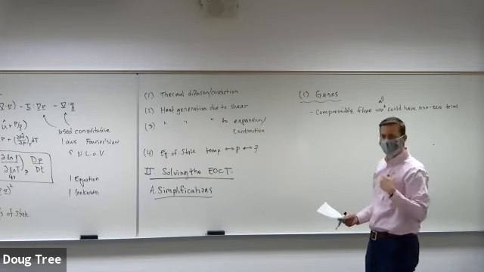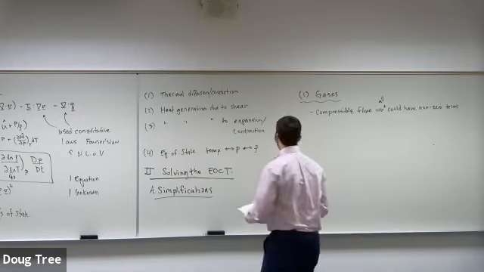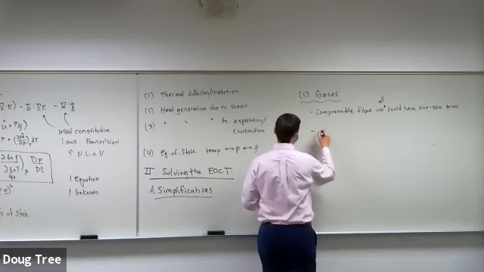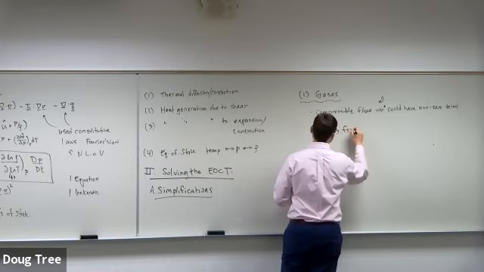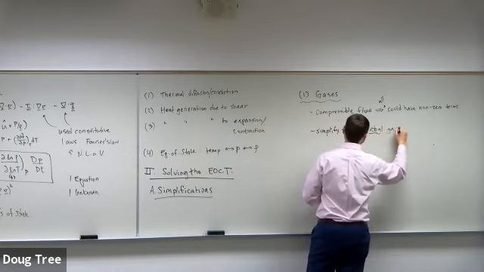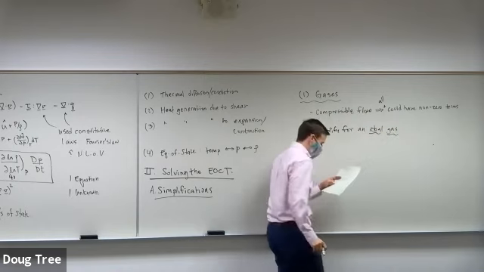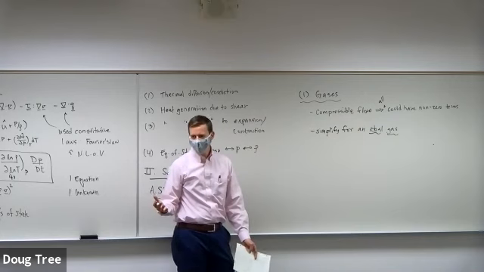But let's look at it for an ideal gas for a minute. An ideal gas will help us simplify this a little bit. So let's simplify for an ideal gas. An ideal gas is nice, first because we have an equation of state that we can write down.